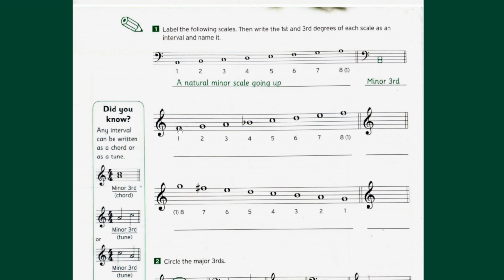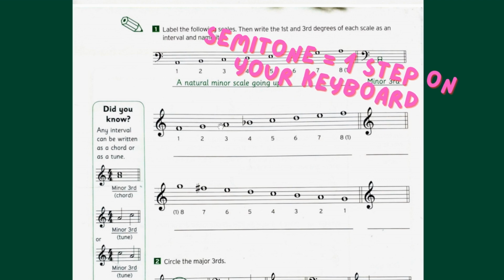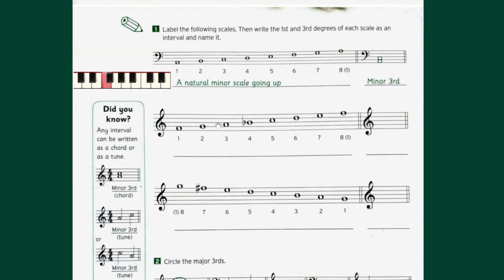So let's take a look at the interval from the first and the third degrees of this scale. So from F to A, if you count up the semitones, we have 4 semitones apart from each other. Because it's a major scale, we are going to write this as a major third.